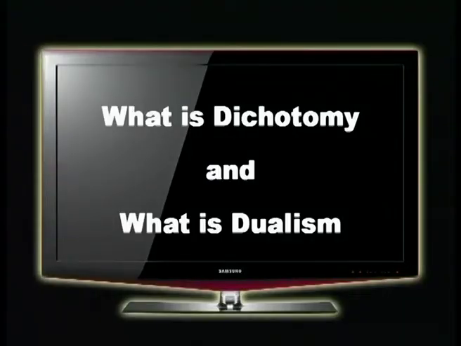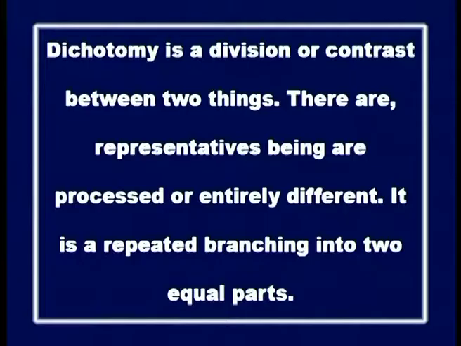So let's look at what is dichotomy and what is dualism. Are they the same or are they different? Dichotomy is a division or contrast between two things that are or are represented as being opposed or entirely different.